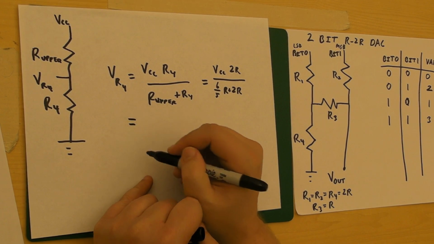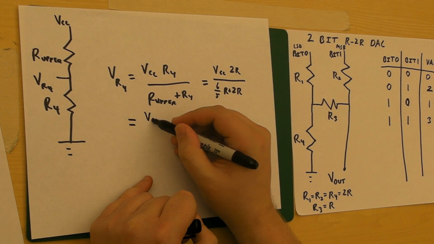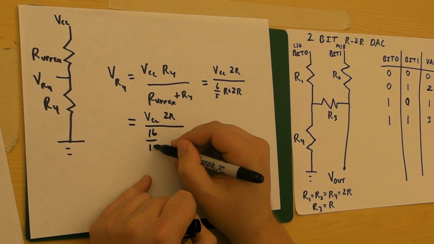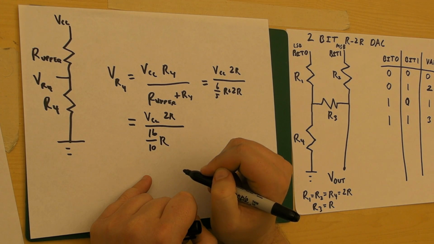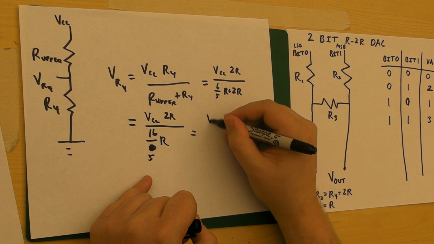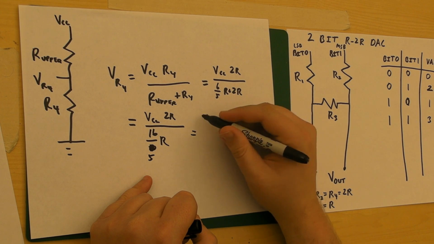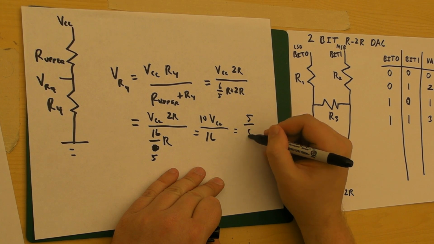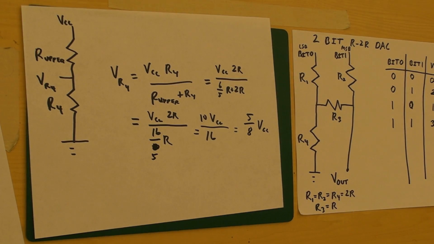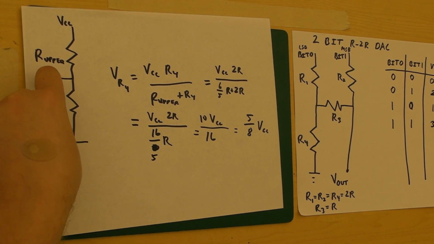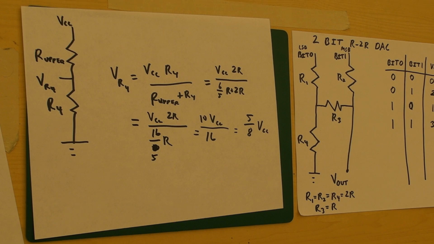So calculating this all out, VCC 2R over, that's 16/10 R. Sorry, 16/5 R. So we're going to end up with VCC times 10 over 16, or 5/8 VCC. Okay, so now we know that this voltage here, VR4, is going to be 5/8 VCC.